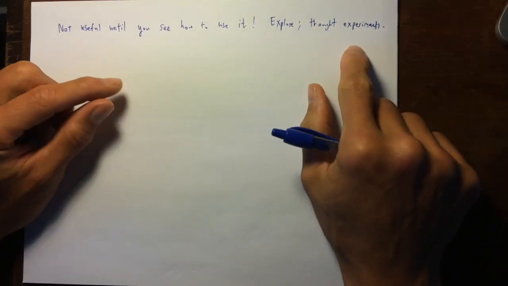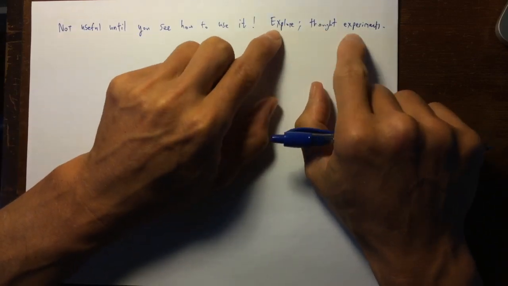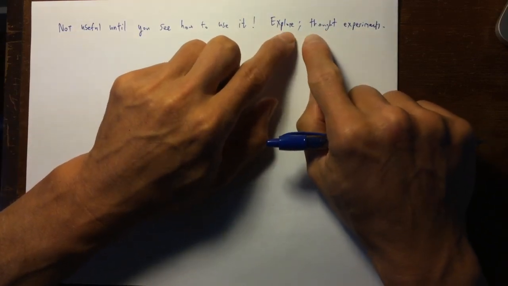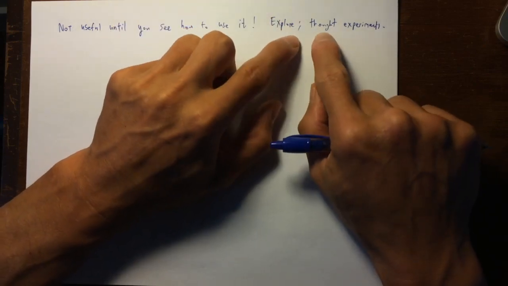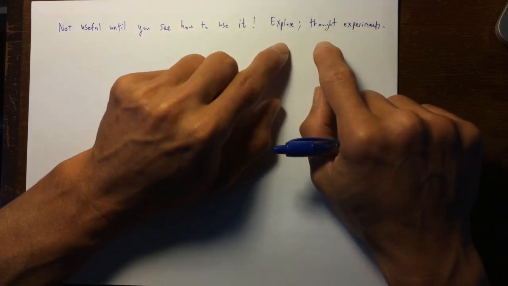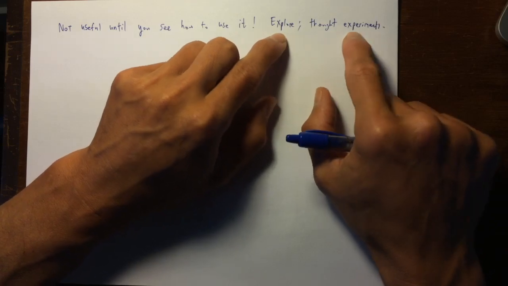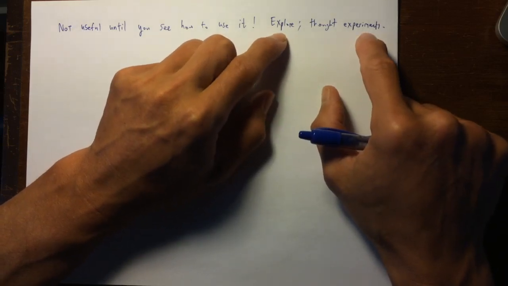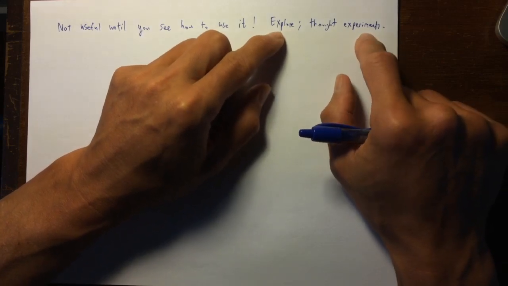Early on in your education, this is kind of a tough thing to do, but as much as you can possibly do it, you should be doing this. You should just mess around. The only way that you can explore wrong or do thought experiments wrong is if you misuse your mathematics or you misuse your physics.